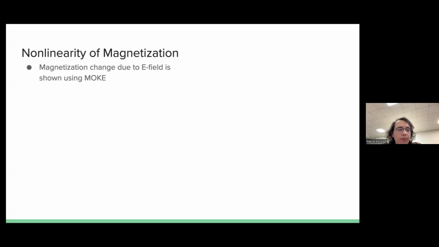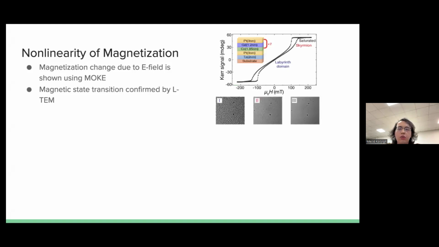So the magnetization change under the application of electric field is studied using magneto-optical Kerr effect. This process is used to measure magnetization using light, using polarization of the light, and corresponding loops are shown in this first figure.